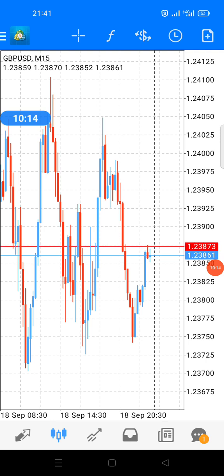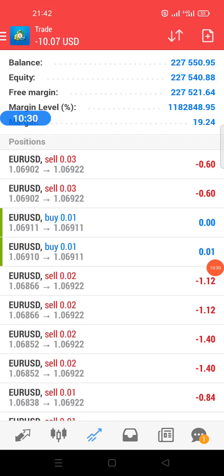Now let's move on. These are the things you see in your second window, which is where you have your chart or your graphical representation of the movement of that particular instrument. Now the third one talks about your trading window, where you have your trading setup.